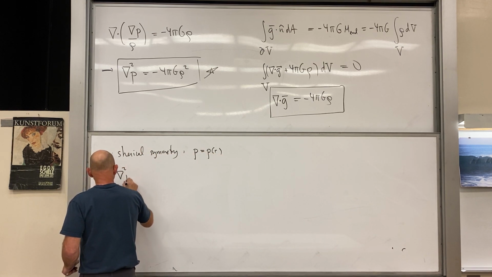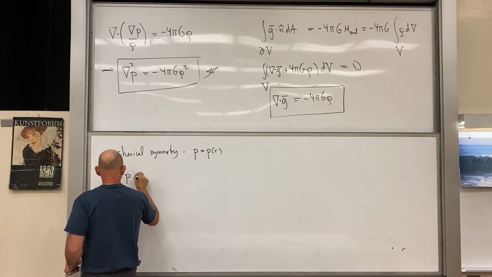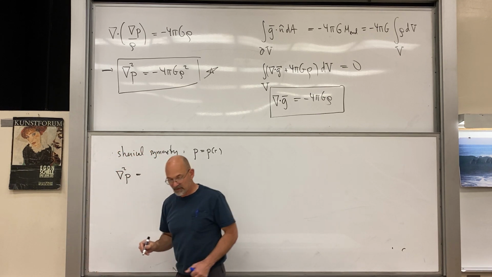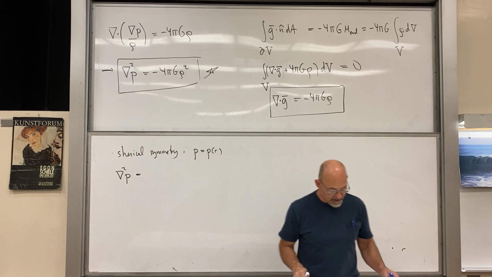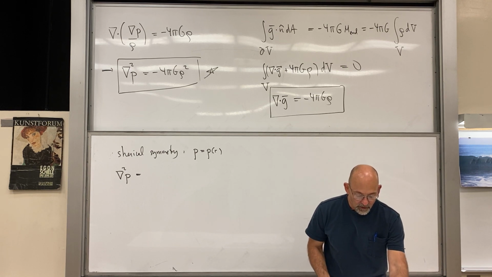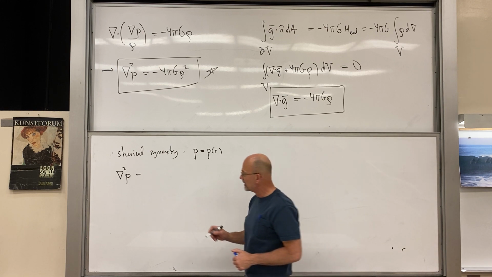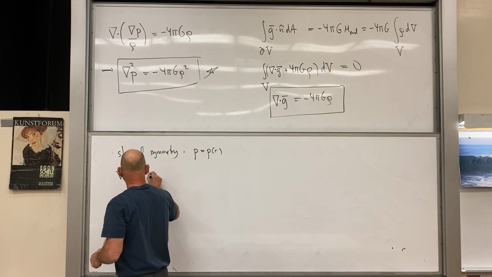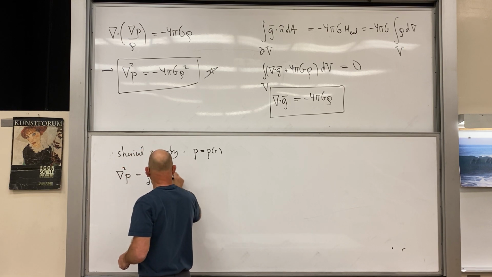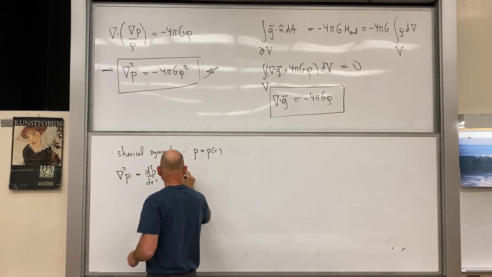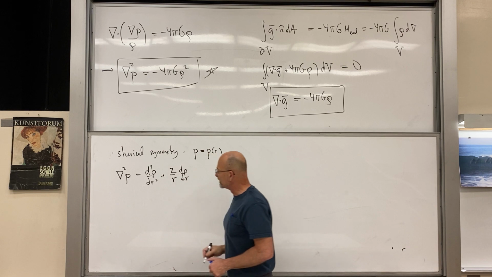Del squared P. Now you can do two things, and maybe we should derive this if we haven't derived it before. It is d squared P dr squared plus 2 over r dP dr. You can go ahead and do that.